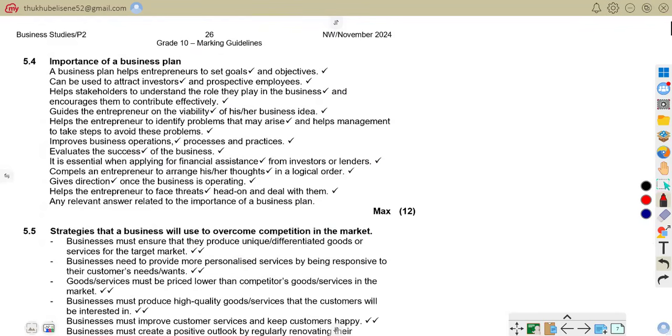So, another aspect on question 5 was the importance of a business plan. That is another aspect that we are asked to talk about.